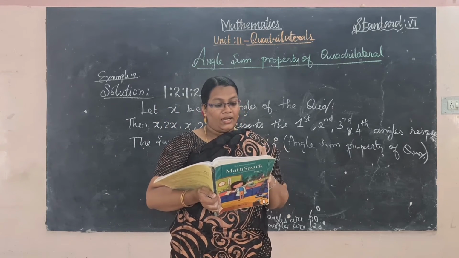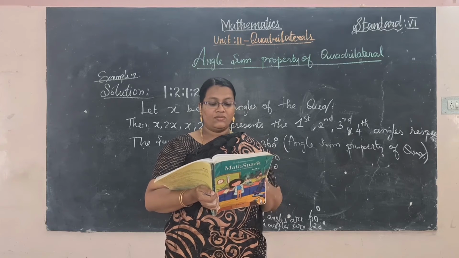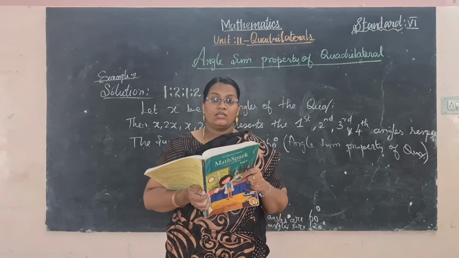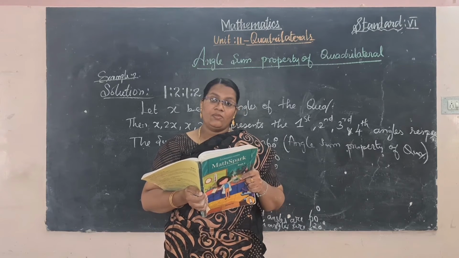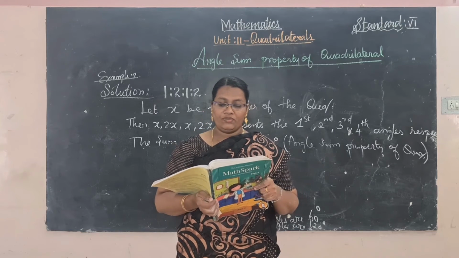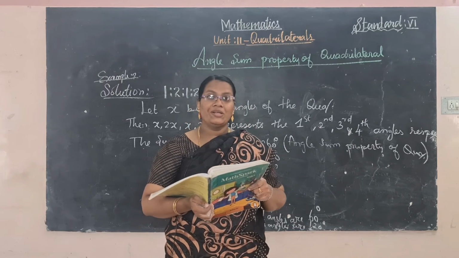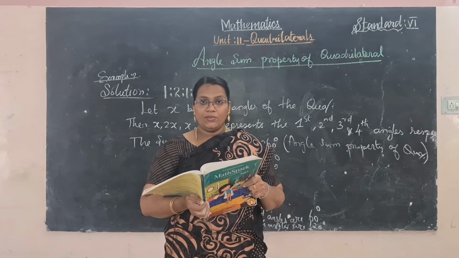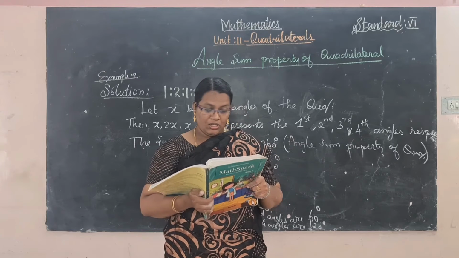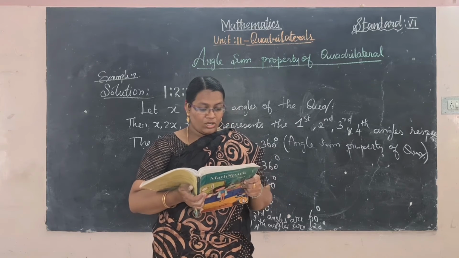The second one is also homework, very easy. The points that lie inside are called the interior, and points that lie outside are the exterior, and the boundary of the quadrilateral means the points that lie on the line segments at the boundary. Write those answers and send them to the group. First two are homework.